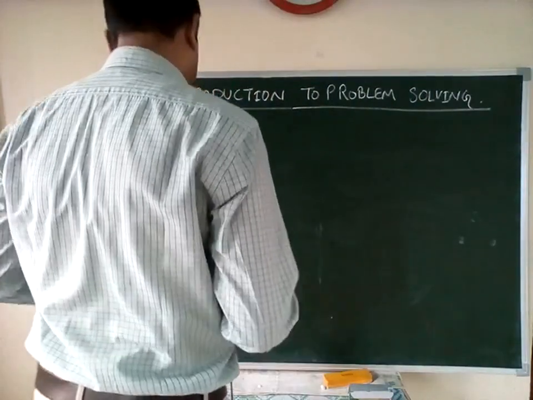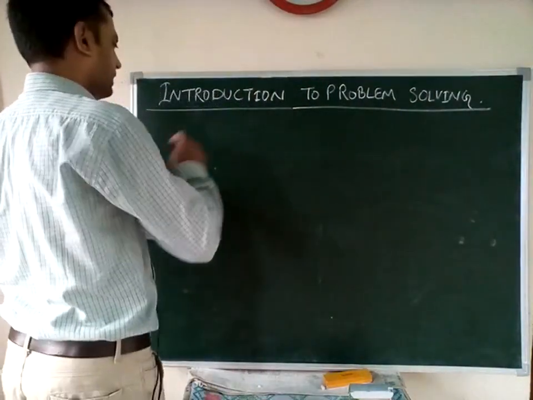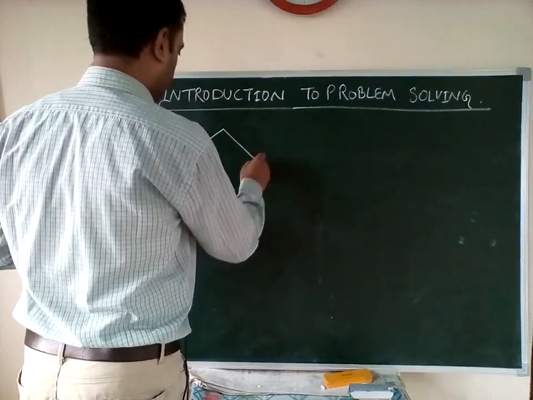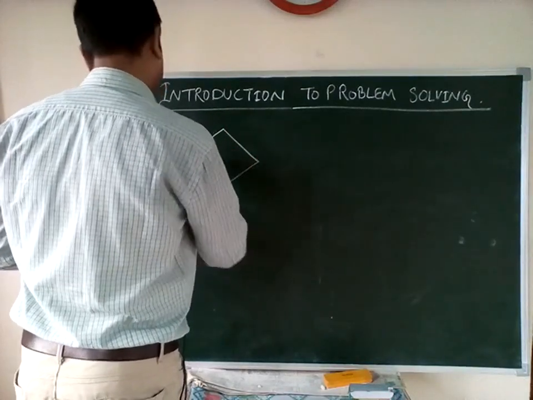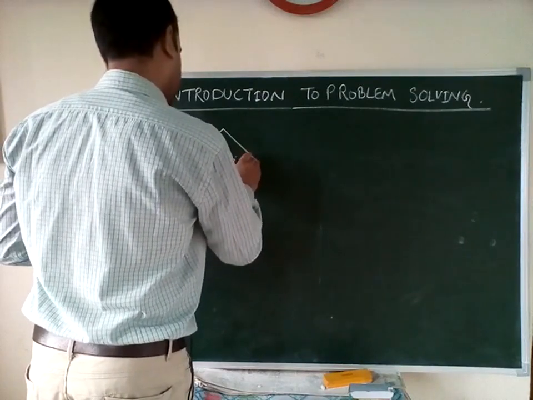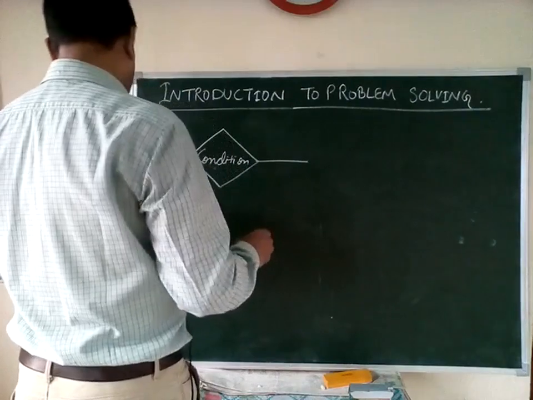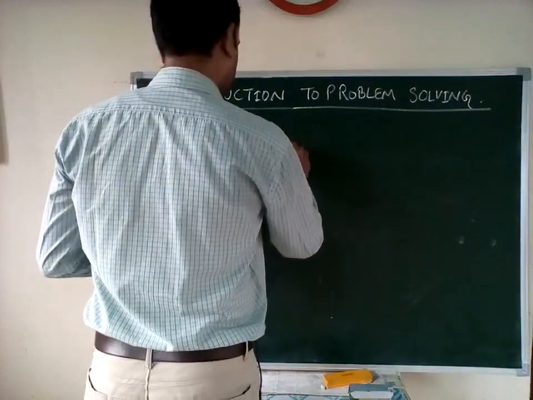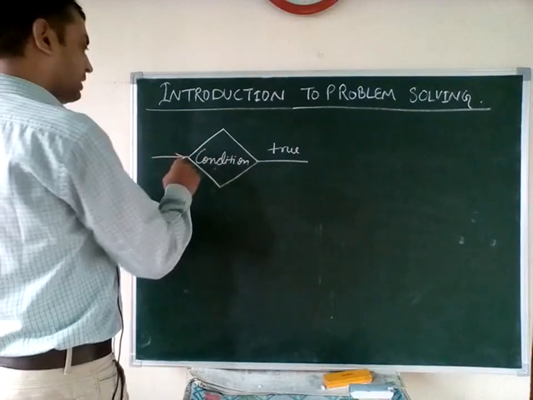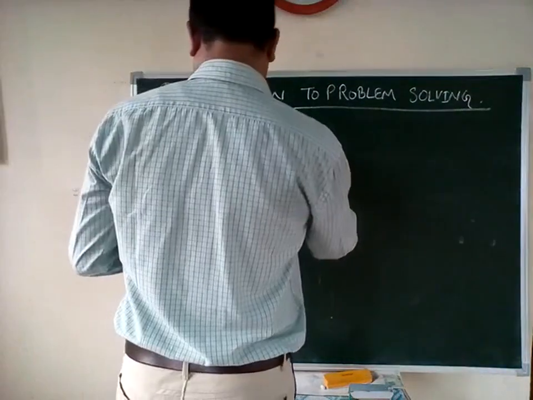So if any condition is there, a condition will be written in this type of box. Condition. Now if it is true, you have given one condition, and if this condition is true, then what you want?